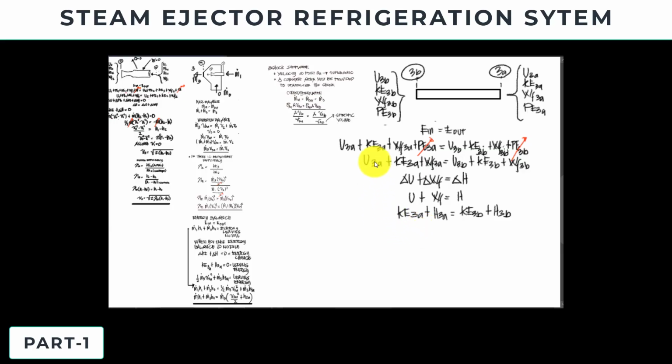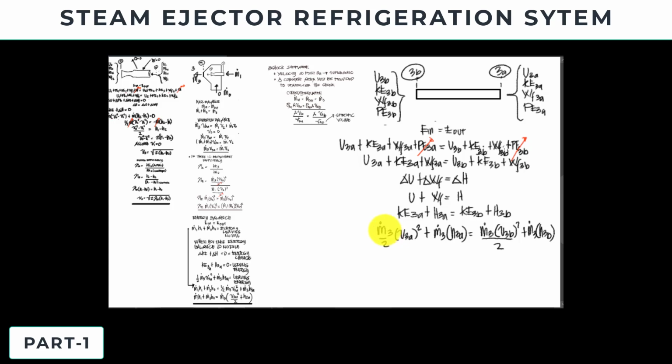Now, expanding this in terms of the values of each term, we have the mass flow rate 3 times the velocity 3A squared divided by 2, plus the mass flow rate 3 times the enthalpy 3A, which is equal to the mass flow rate 3 times the velocity 3B squared divided by 2 plus the mass flow rate 3 times the enthalpy 3B.